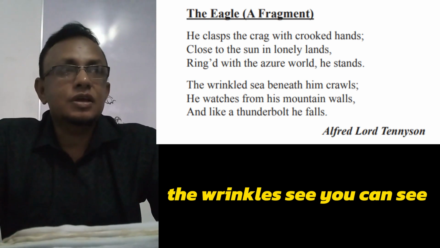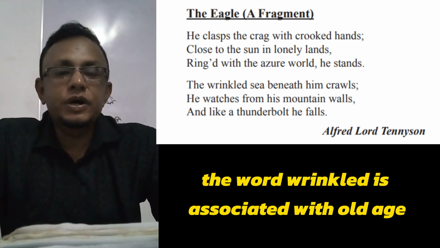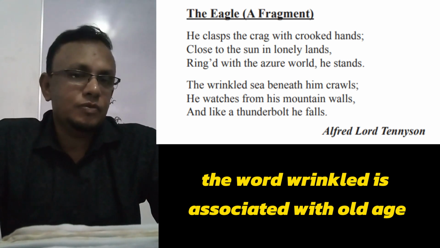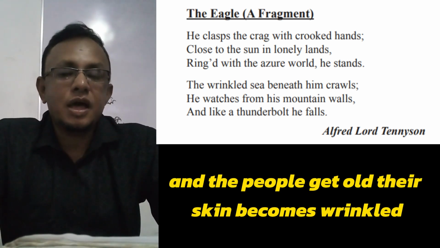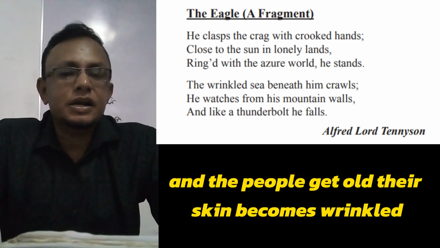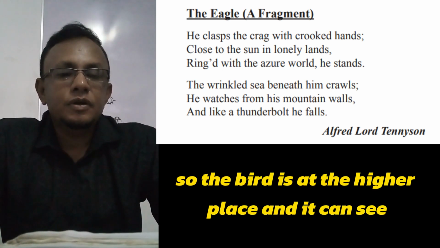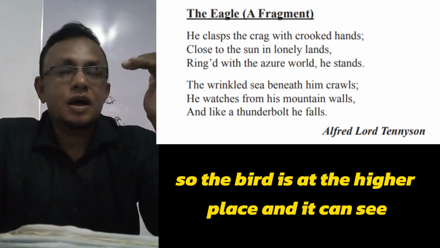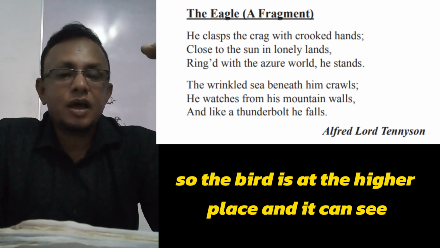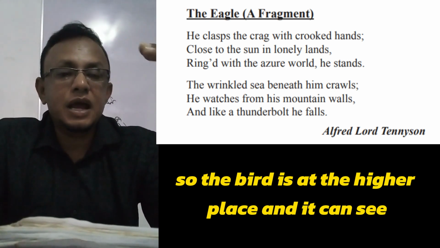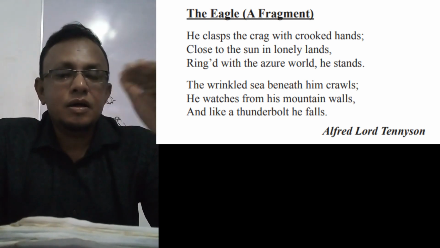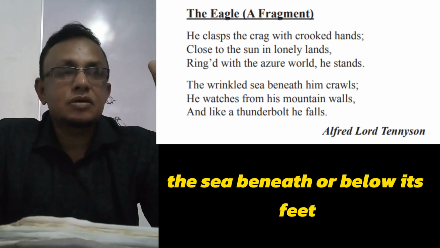The wrinkled sea, you can see the word wrinkled is associated with old age. When people get old, their skin becomes wrinkled. So, the bird is at a higher place and it can see the sea beneath or below its feet.